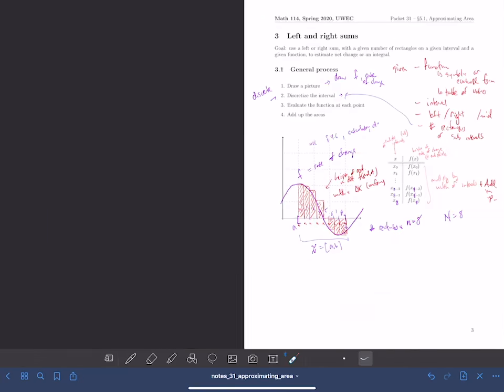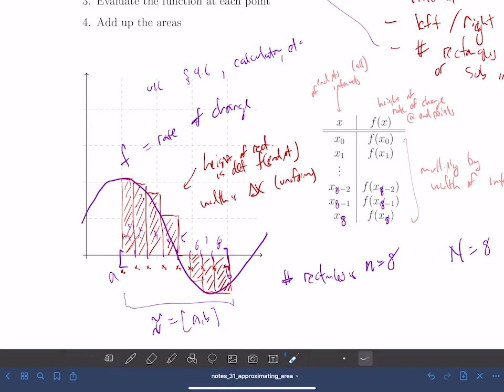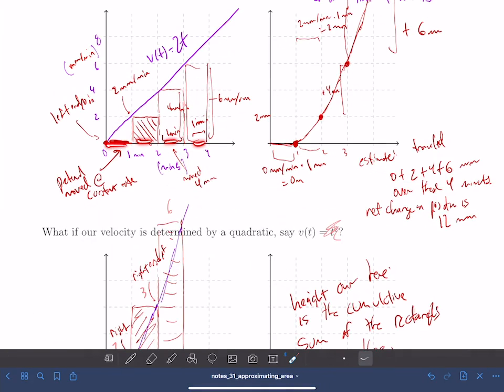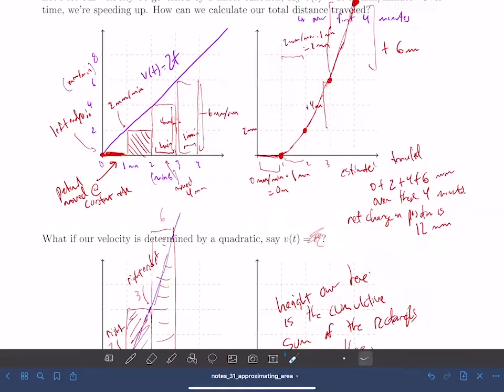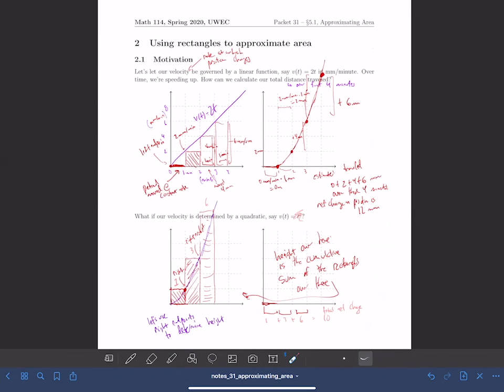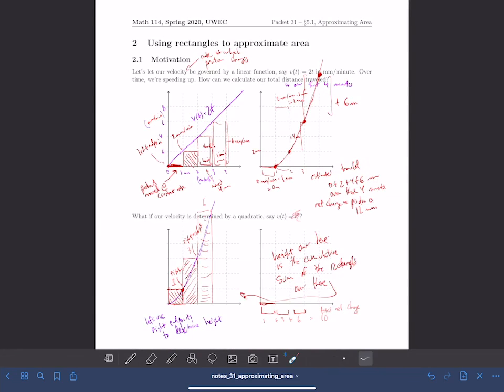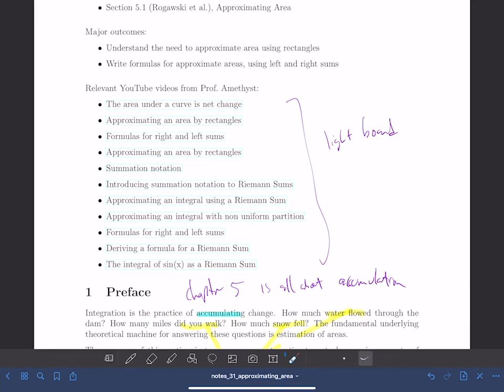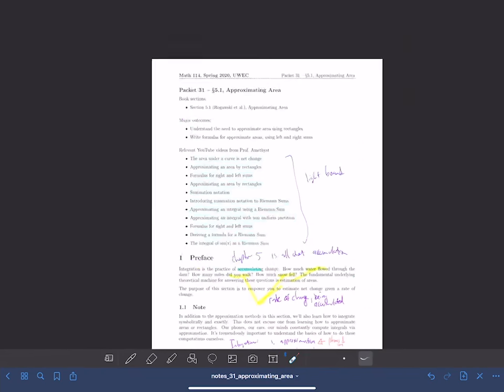In the drawing here, these are all the same width, and on the previous page, these were all the same width too. But there's no reason we have to choose them all to be the same width. It just simplifies some formulas and some hand calculations. The computer doesn't care. Again, see my video on approximating an integral with a non-uniform partition. I'm not going to cover that in this video.